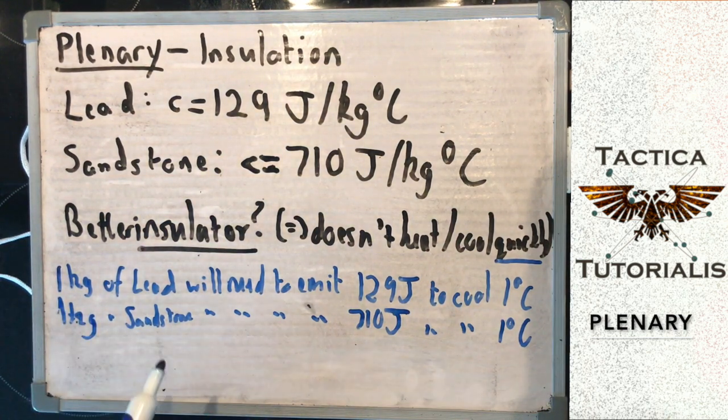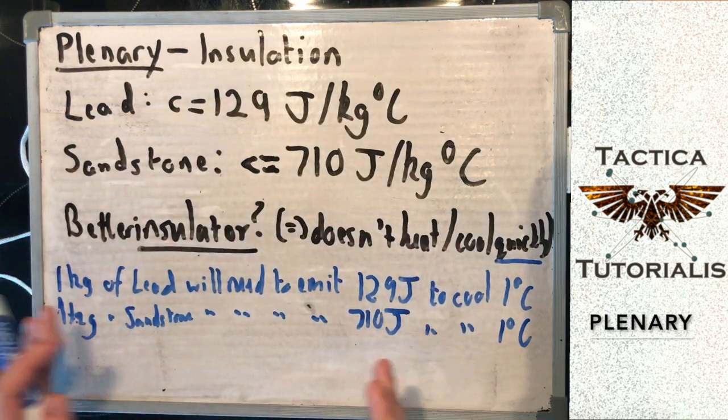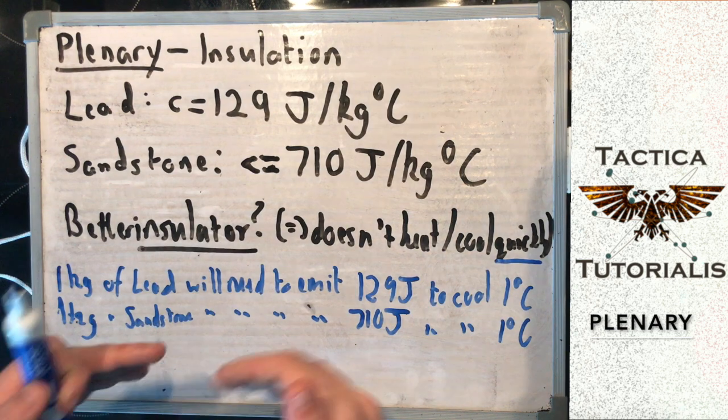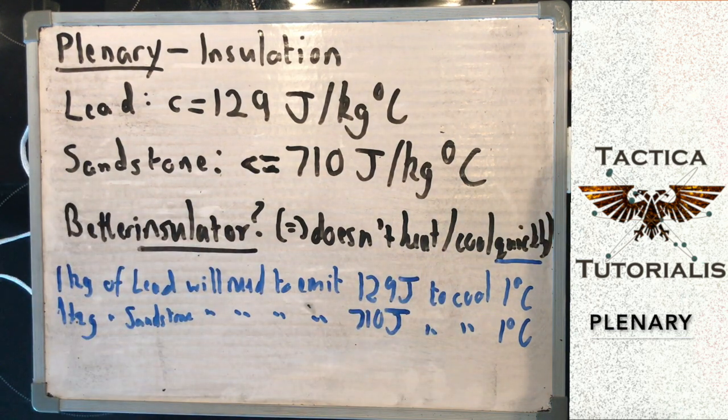So if we look at that and we say, okay, if I've got a kilogram of lead, after it has emitted 129 joules of heat energy, it's going to have cooled down a bit. And the energy emission, if you're at the same temperature as the surroundings, is going to be at a constant rate. So if they're both at the same temperature, then they're going to cool down at the same rate in terms of the energy emission.